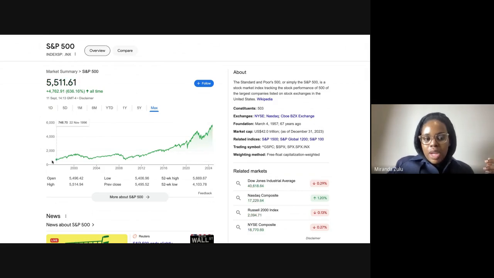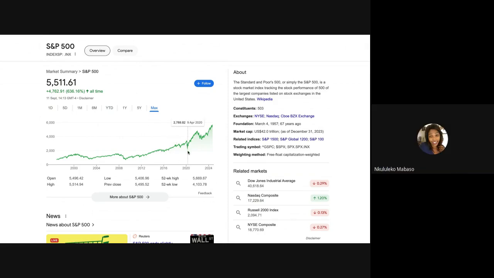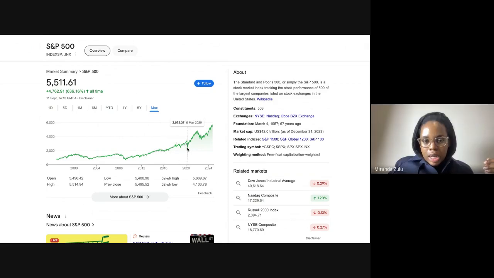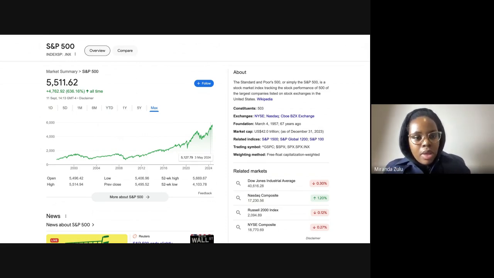If you look at the performance over time, it's been gradually growing, and then it dropped in COVID on March 6th. It really dropped, and then it recovered, and then it dropped. And then there was a time, I think sometime in March, where it reached one of the highest highs in its history of existence. But there's no way for you to know when that high is coming, right?